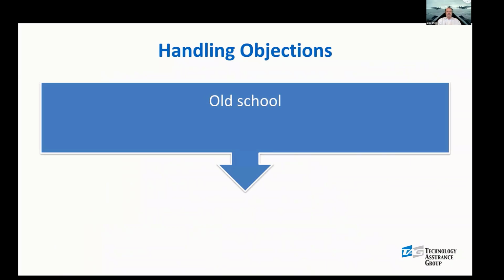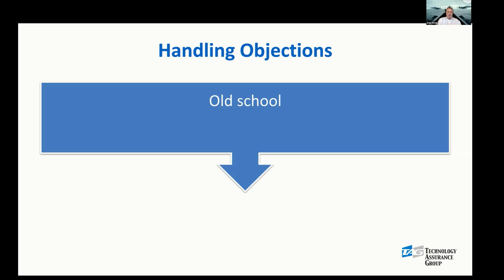Handling the objections. All right, old school, and many of us were taught this way, those like myself who've been selling for 50 plus years. When we first started, we had Zig Ziglar, we had Think and Grow Rich, we had Brian Tracy.